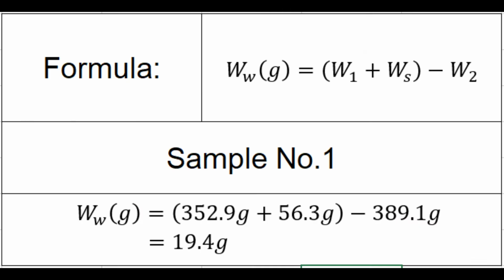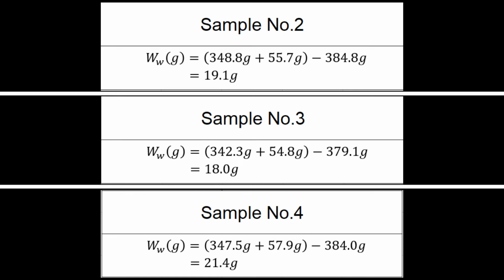So, for example, for sample number 1, we have 352.2 grams, which is added to the 56.3 grams, and then subtracted by 389.1 grams, which leads to the answer of 19.4 grams for the mass of equal volume of water. We have the same process of calculation for sample numbers 2, 3, and 4 as what we did for sample number 1.